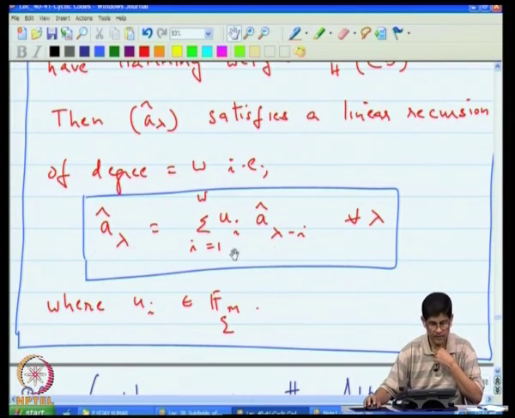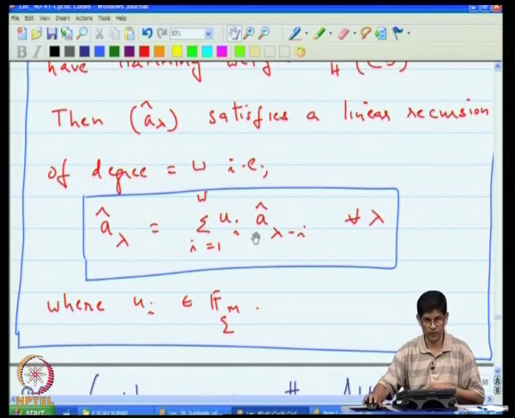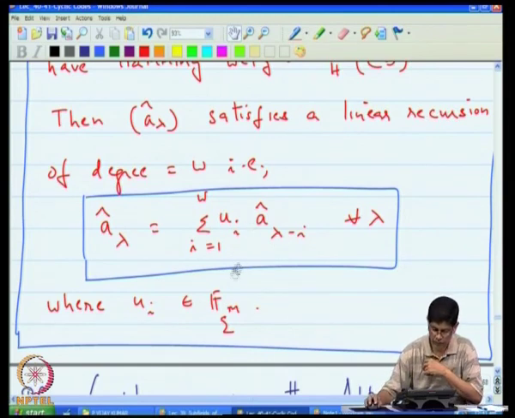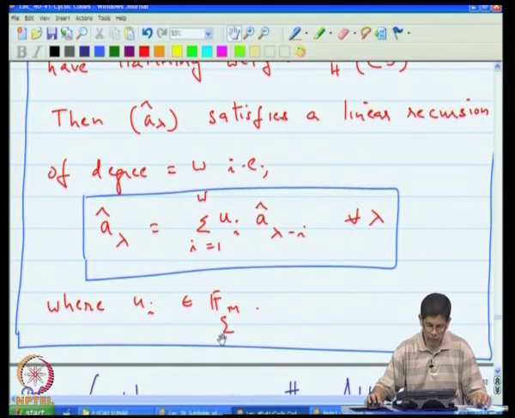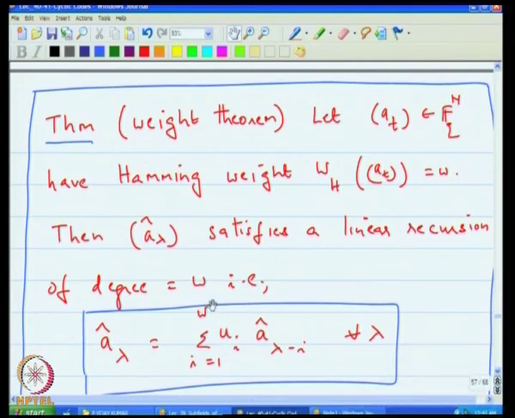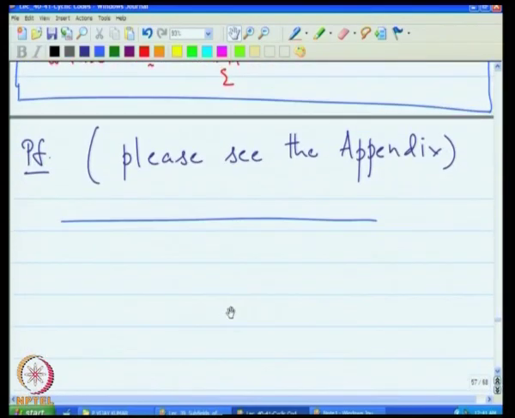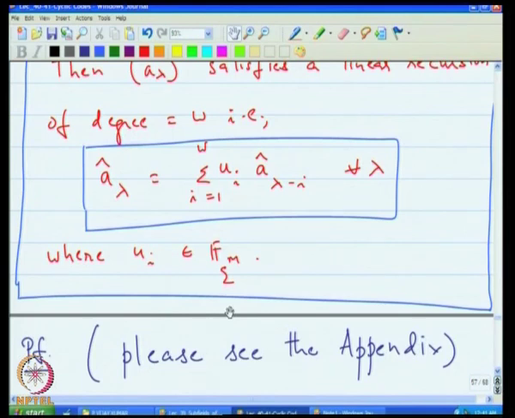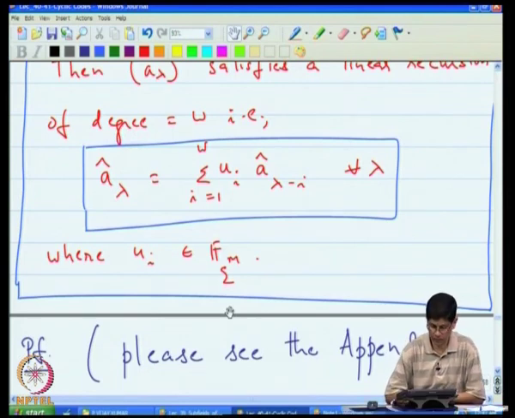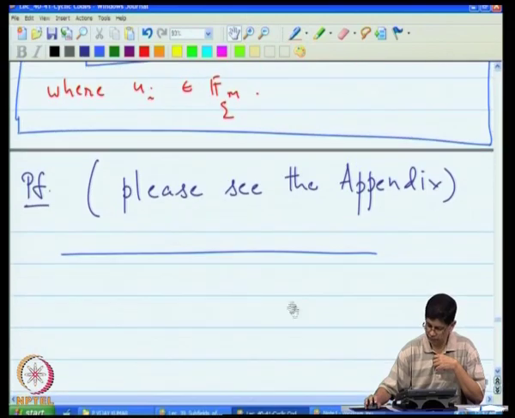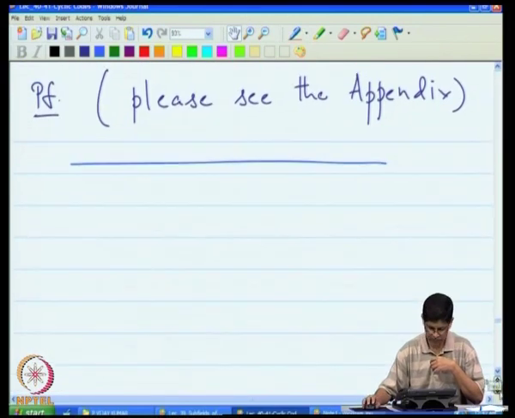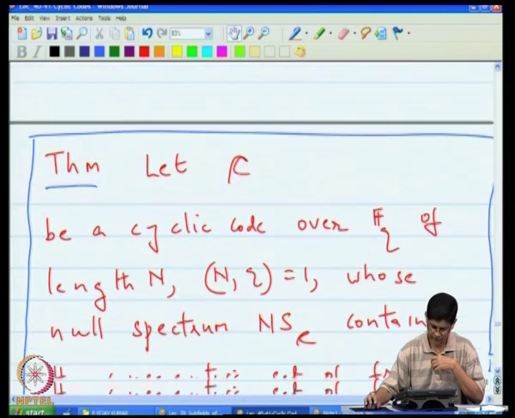So, a hat of lambda is some linear combination of a hat of lambda minus i for i ranging between 1 to w, and these coefficients u i are in F q to the m. Once again, in the interests of moving along, I have left the proof in the appendix. What we will do is, however, see an application of this theorem.